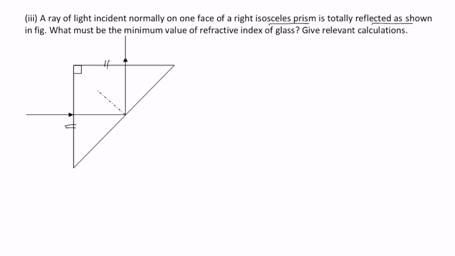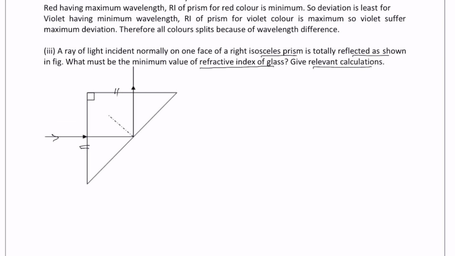So what happens? This incident ray is reflected totally. Nothing comes out. It's just a reflecting medium. So what must be the minimum value of refractive index of glass? Give relevant calculations. Let's understand.